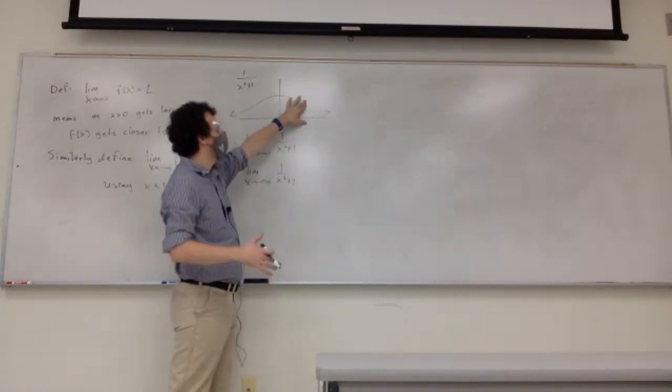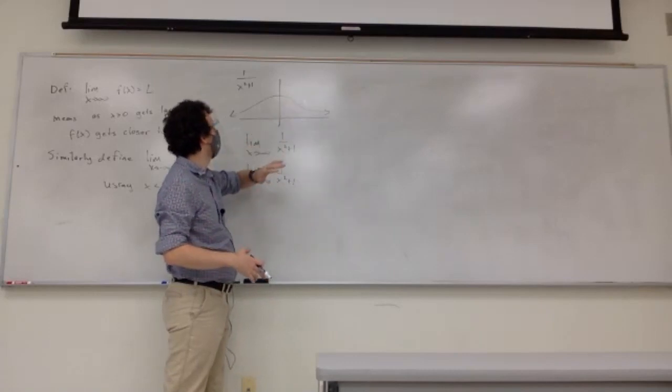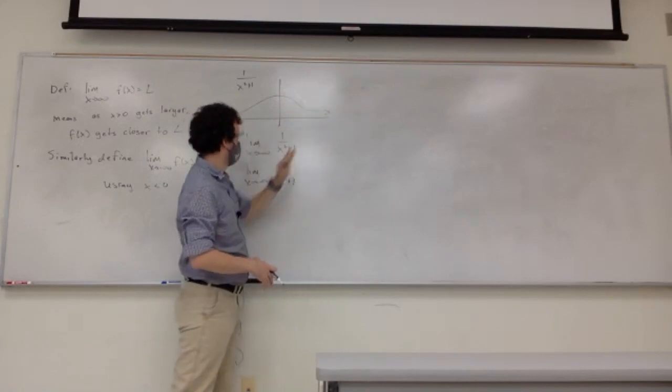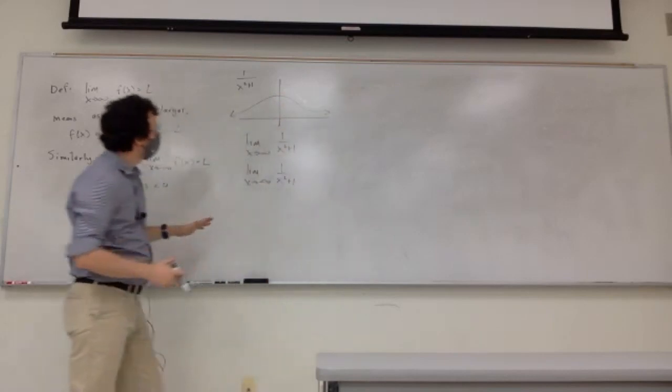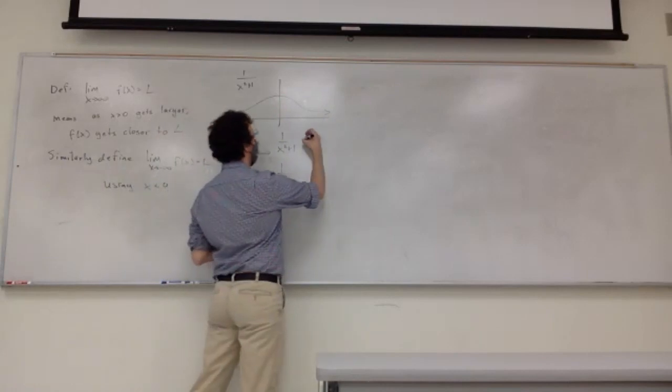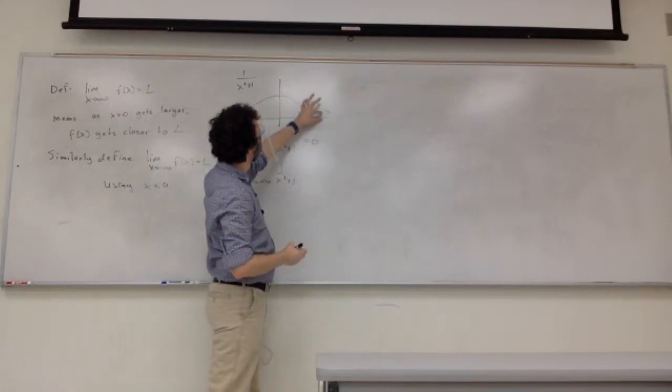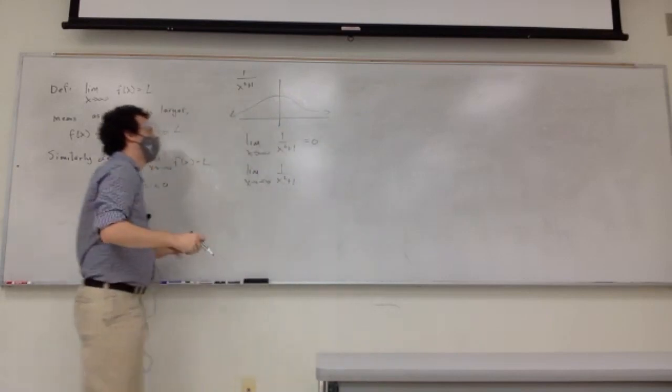While the picture is not great, this is getting closer and closer to 0, and so that is the value of this limit. As you go further out, it's getting smaller and smaller, leveling off at the x-axis there.